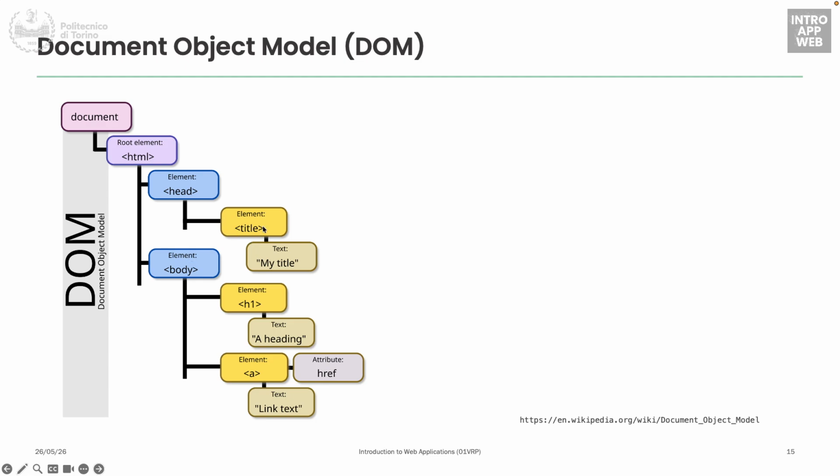Within the head, we have other child elements, one of them is the title with a specific value, and in the body, we have all of the other elements. So we said once that an HTML has a DOM structure, and a DOM structure follows a tree structure, okay? Why do you think this makes sense, or is important when talking about JavaScript?